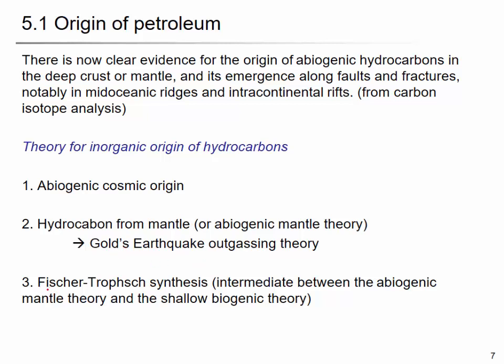And the third theory is the Fischer-Tropsch synthesis, which is an intermediate theory between the abiogenic mantle theory and the shallow biogenic theory. So let's briefly look at each theory.